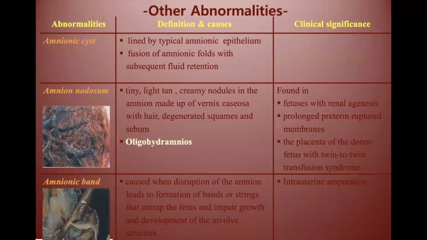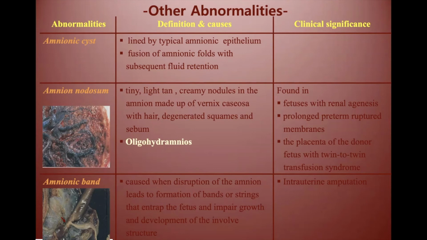So other abnormalities, amnion cysts. Cysts occasionally are found along the course of the cord. They are designated according to their origin.